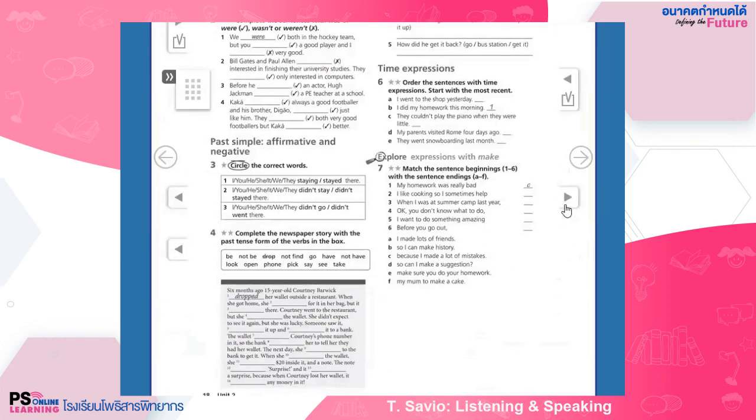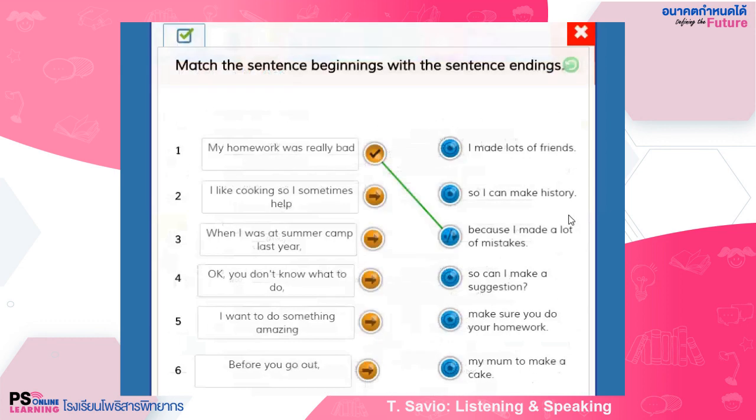Let's go on to exercise 5. Match the sentence beginnings with the sentence endings. Number 1. My homework was really bad because I made a lot of mistakes. Number 2.